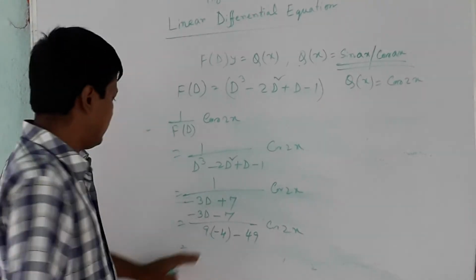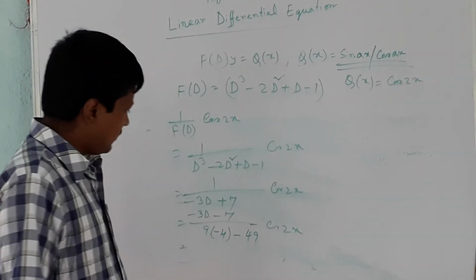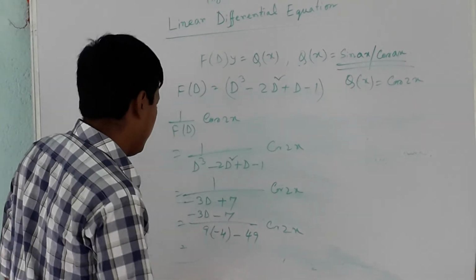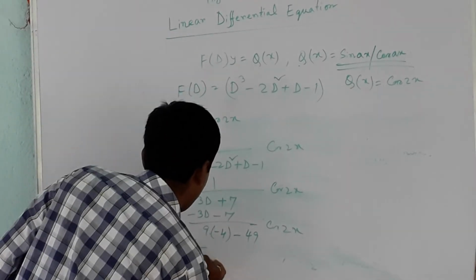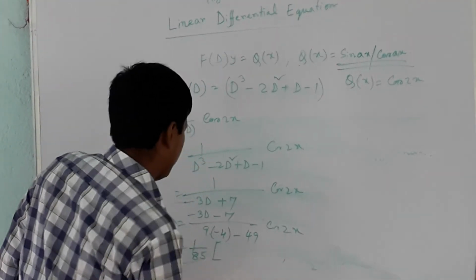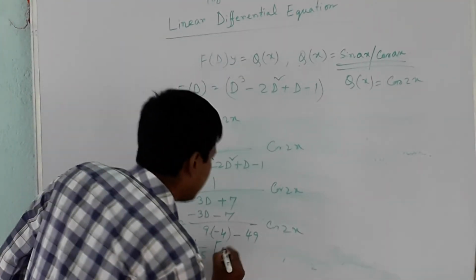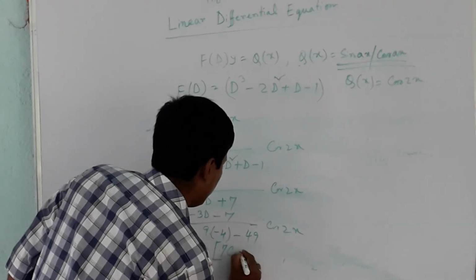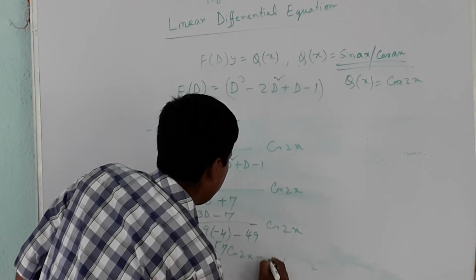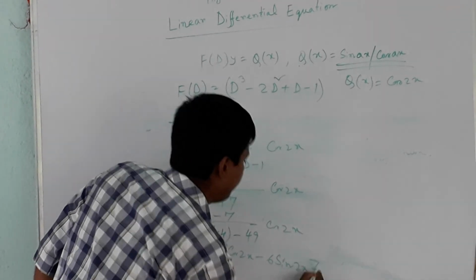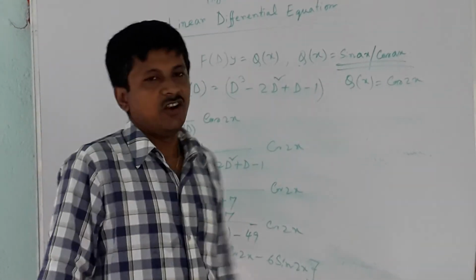So ultimately, 1 by 85 of (7 cos 2x minus 6 sin 2x). This is the answer. Now I finish.